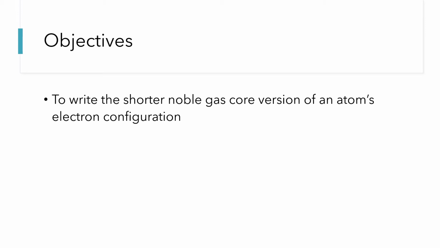And so it's usually the electrons beyond that noble gas core that are available to participate in an element's chemistry, and so those are the ones we're really interested in. So we can use a noble gas core shortcut to write an electron configuration for an atom and still see all of the electrons that we are most interested in.